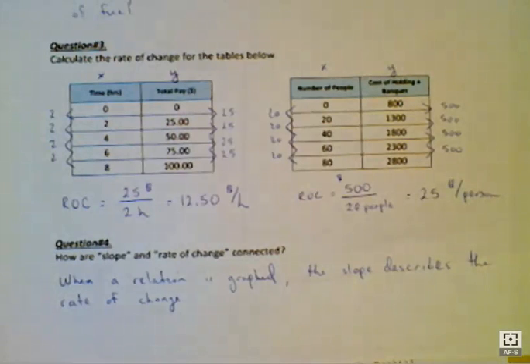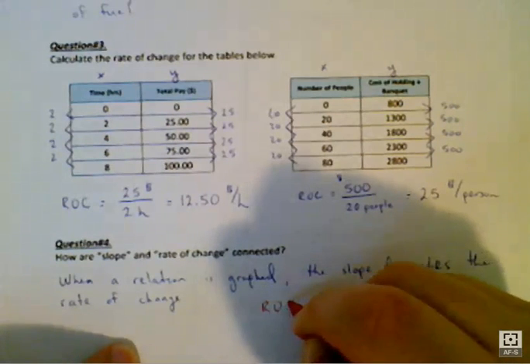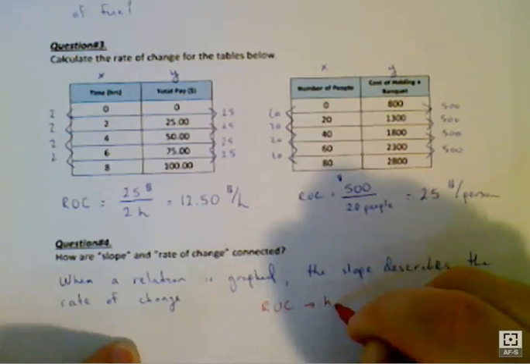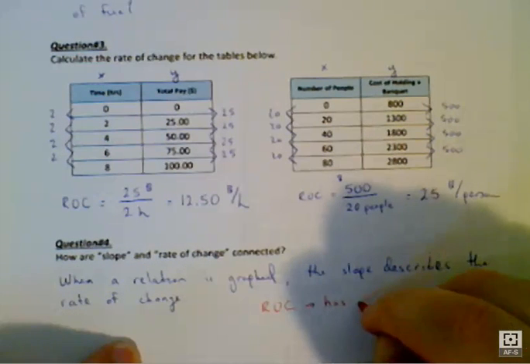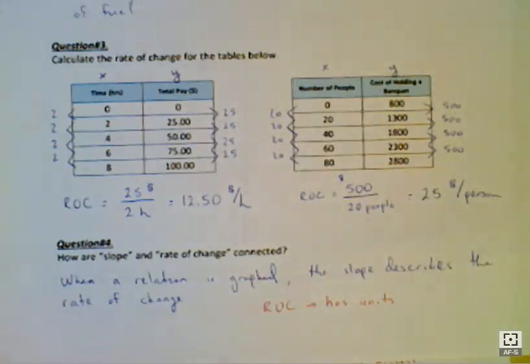Now I made that little caveat, when a relation is graphed, because rate of change, let's add this below in red. When you calculate a rate of change, it's a rate. It has units. It's a comparison of two quantities. When you graph and find a slope, it does not have units.